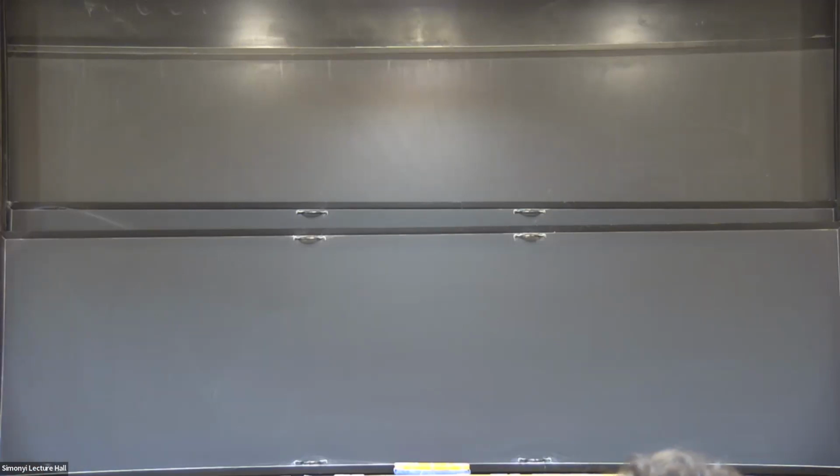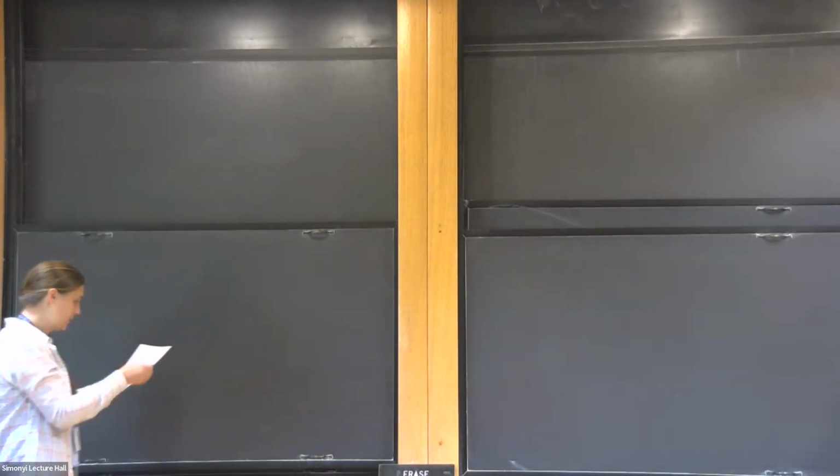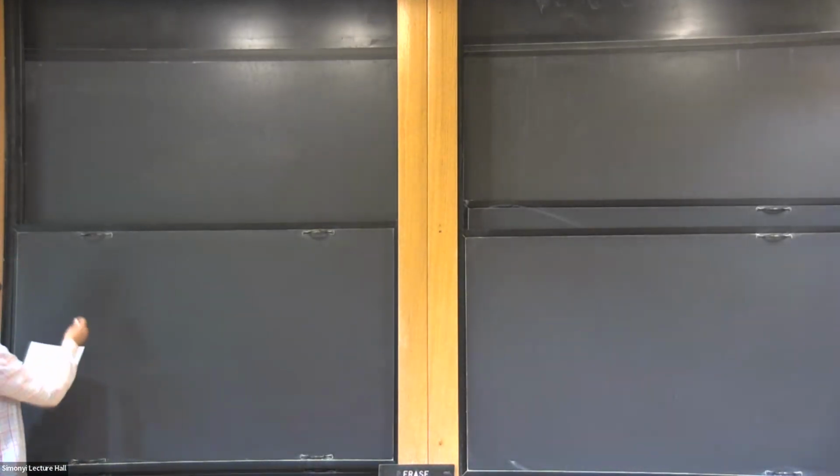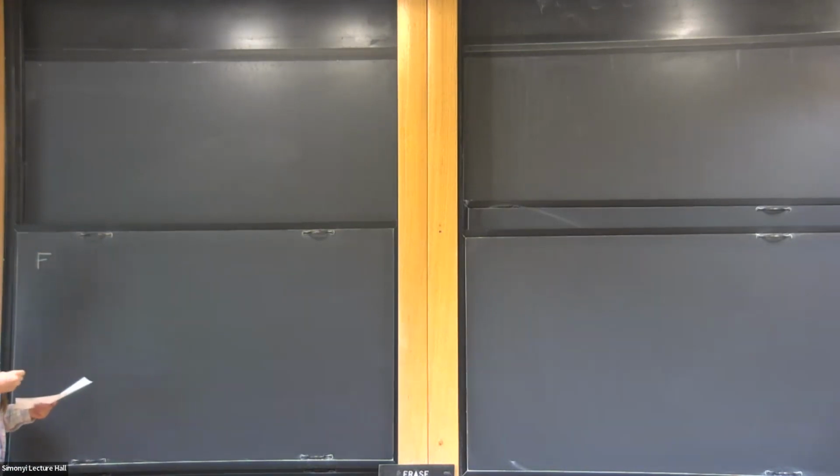So I will start by recalling where we stopped last time. Last time we discussed the Fourier interpolation formula, how to derive it, and how to obtain explicit formulas for the interpolating basis.